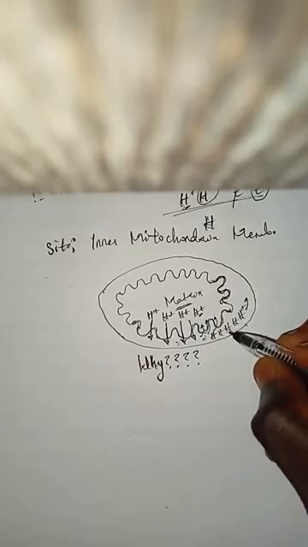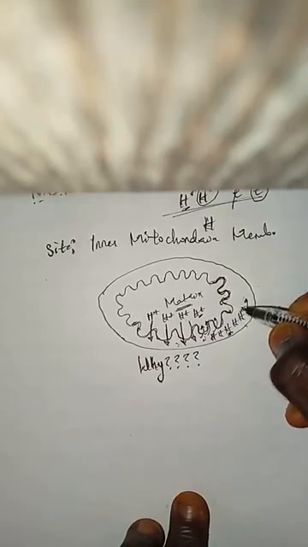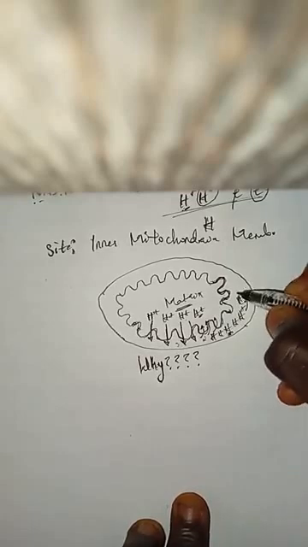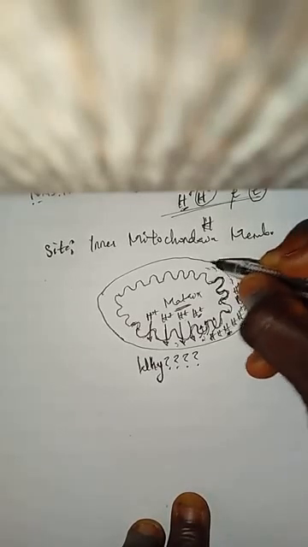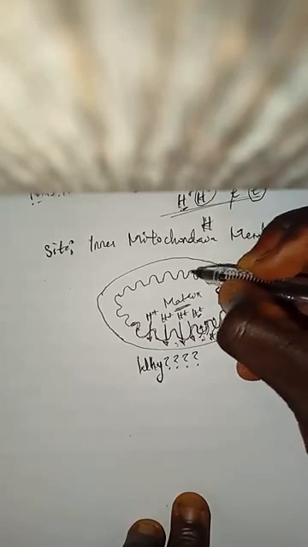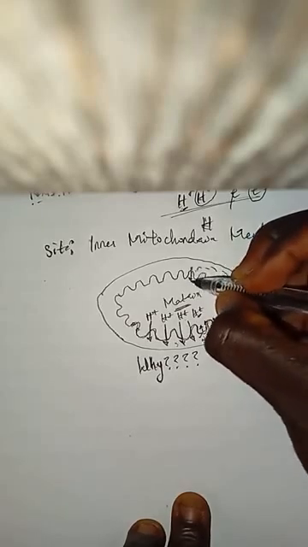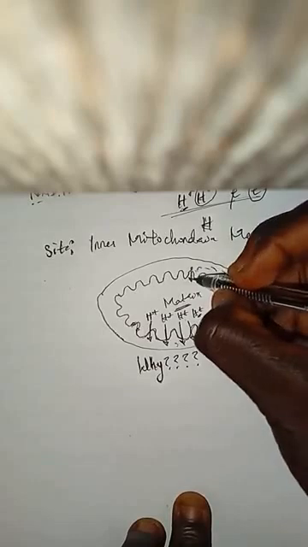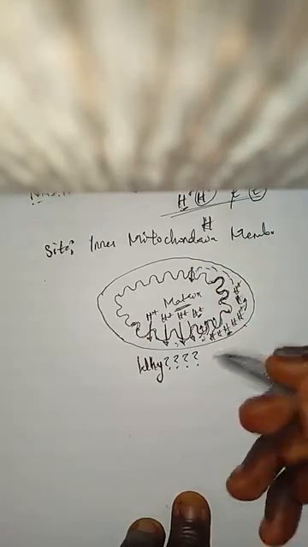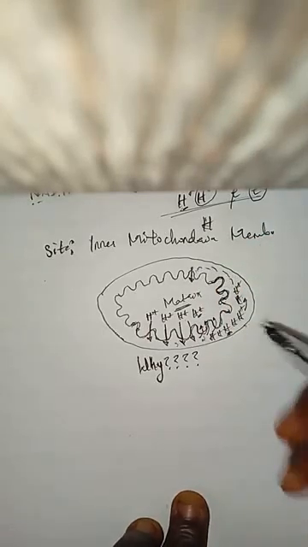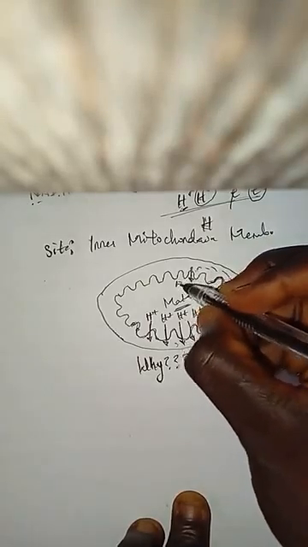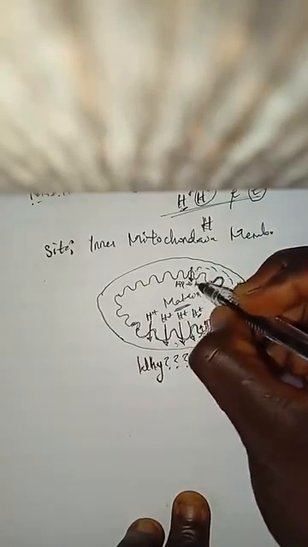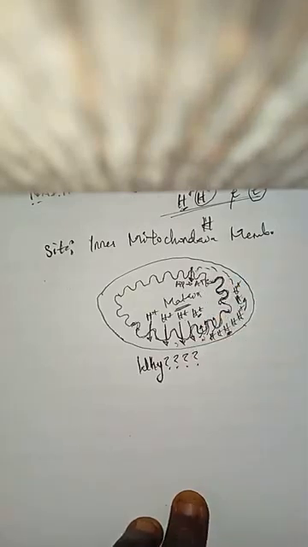Rather, we create a gradient, such that the protons will begin to rise, and they will only pass through a channel back to the matrix, and that channel is what we call complex 5. As it's passing through that channel, it is going to convert ADP to ATP. So that's how we form ATP.